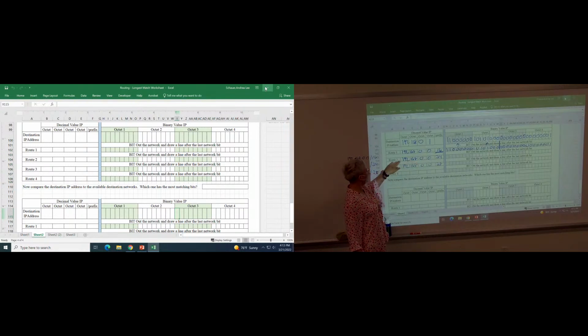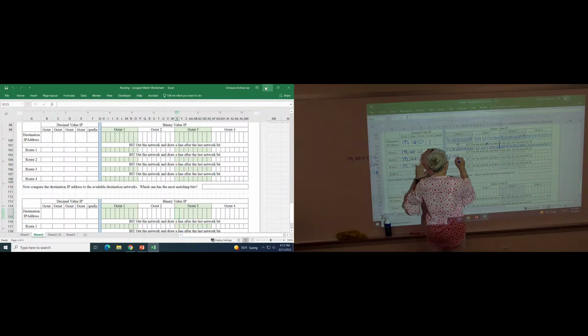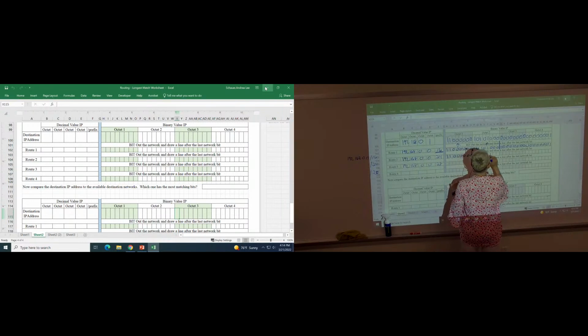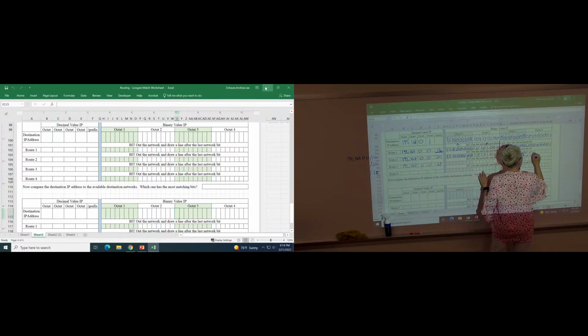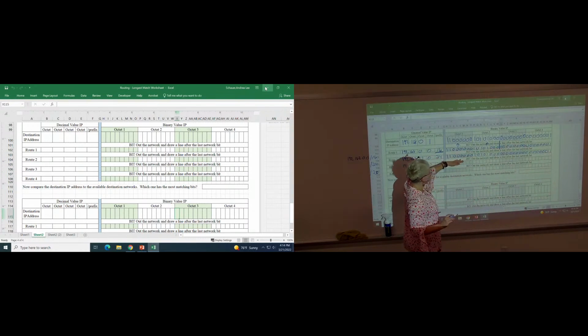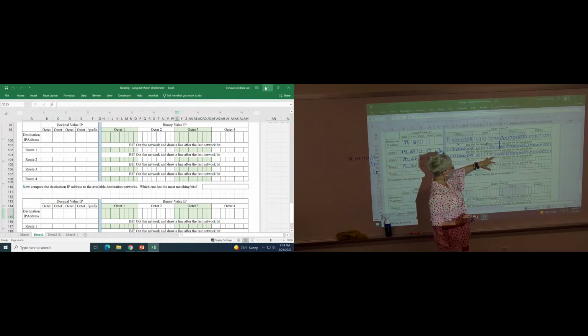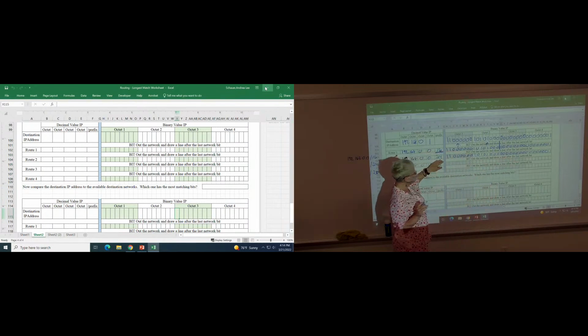Okay? All right, so now let's go ahead. How many bits can I look at for route number 2? 24. Okay, so again, let's fill out 24 bits. I'm looking at the first octet, and that's a match, right? What about the second octet? And then where do I have to stop looking? If I've got a 24, where do I have to stop?